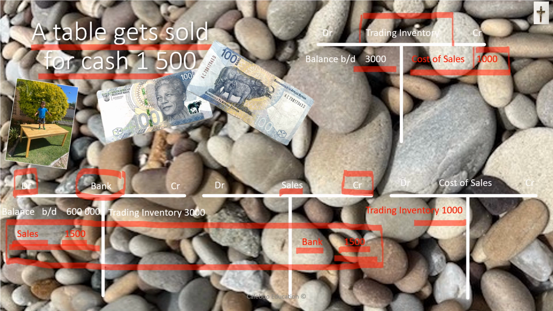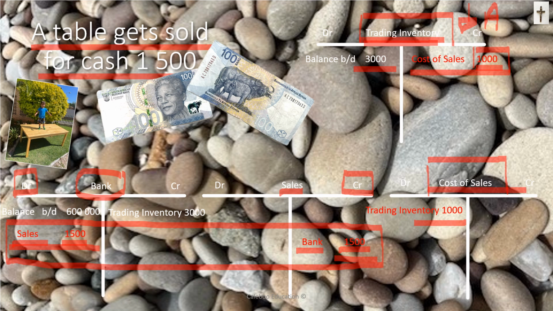We credit trading inventory, decrease in the value of our assets, 1,000. And at this point of sale, we convert or we expense this asset to show that there was a cost to the sale of a table for 1,500.